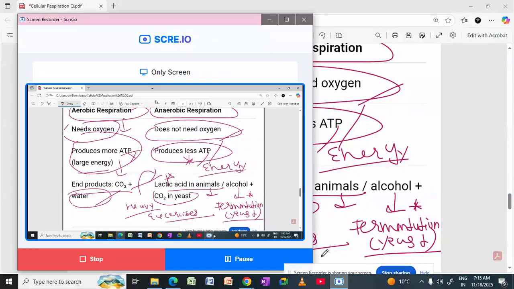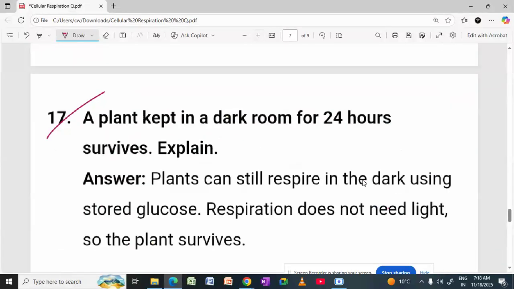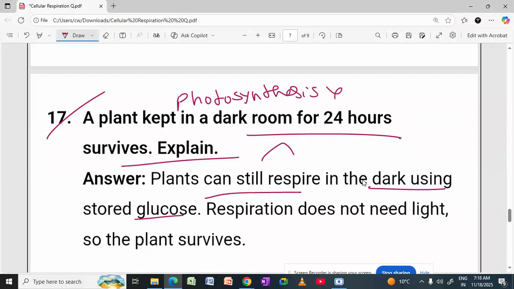Okay, complete this. Next question is, a plant kept in a dark room for 24 hours survives. Explain. Because plants can still respire in the dark using stored glucose. If you are keeping it in a dark room, no photosynthesis is taking place. First this concept comes to our mind, because for photosynthesis to occur, sunlight is required. So why does it survive?